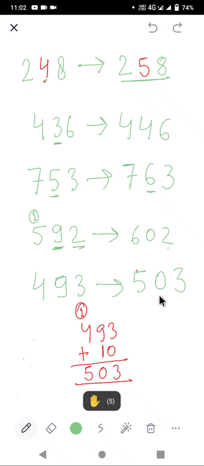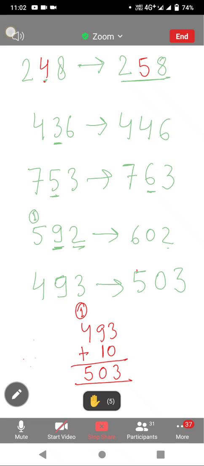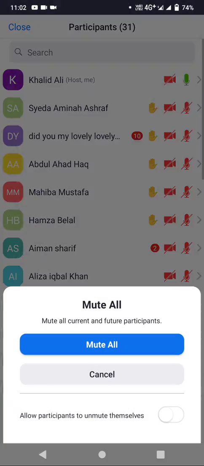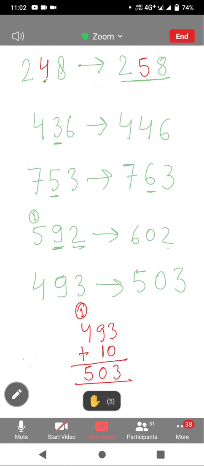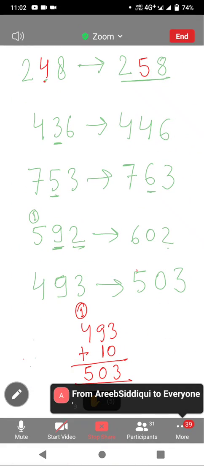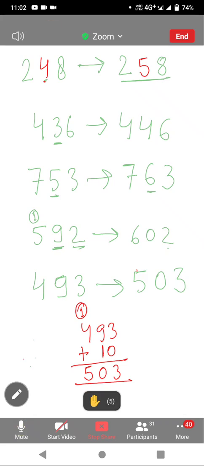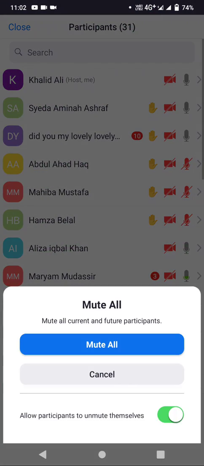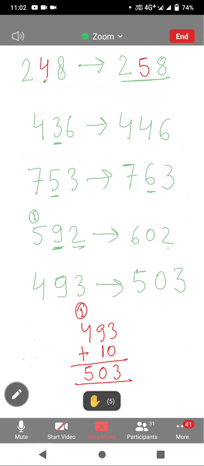When 9 is in the tens place, then in this condition the hundreds place digit will also change. All of you understood it? Yes, sir, I have understood.